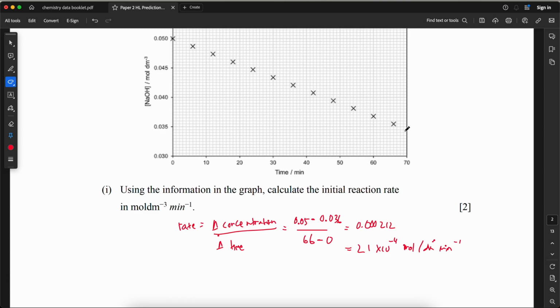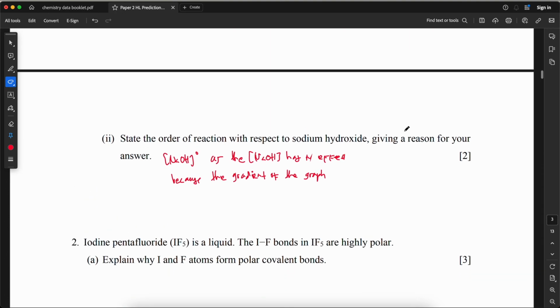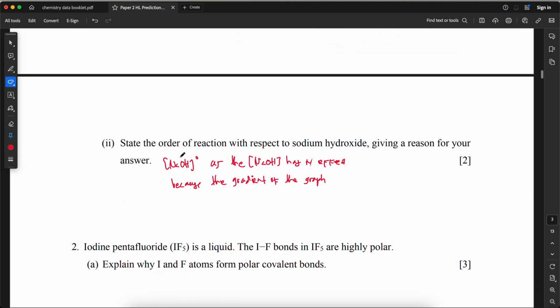Okay, so this is a graph for zero order of reaction, so that's why the concentration of NaOH has no effect because of the gradient of the graph.